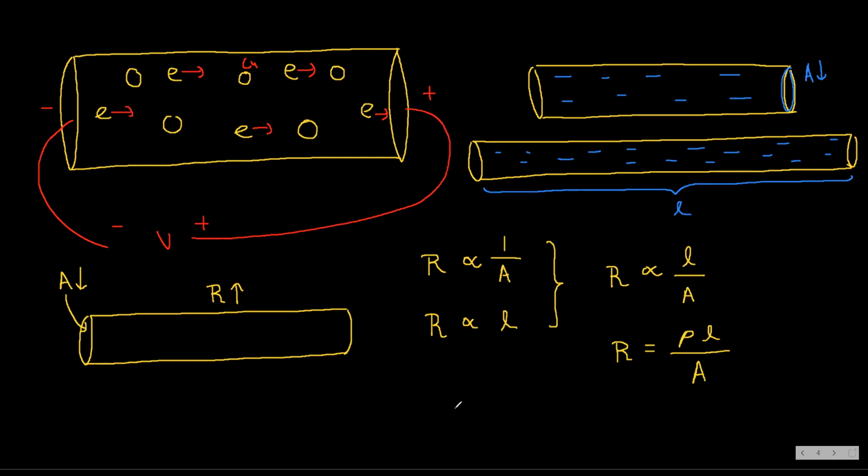If you are using copper, it has a different resistivity than aluminium. There are different resistivities for different materials. Is it clear? Clear, sir. Okay. Now you have to remember this one also.